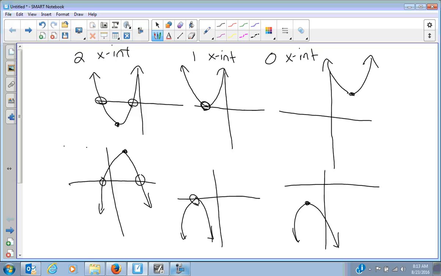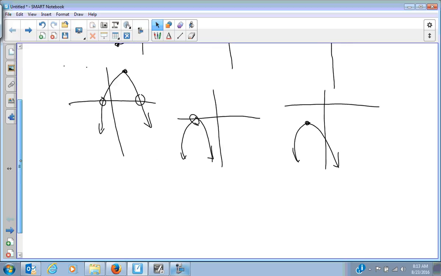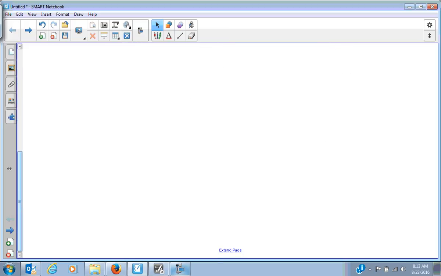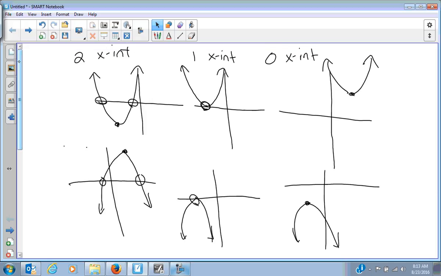Okay. Now, this has to do with what these things are called: roots. They're also going to be our factors.